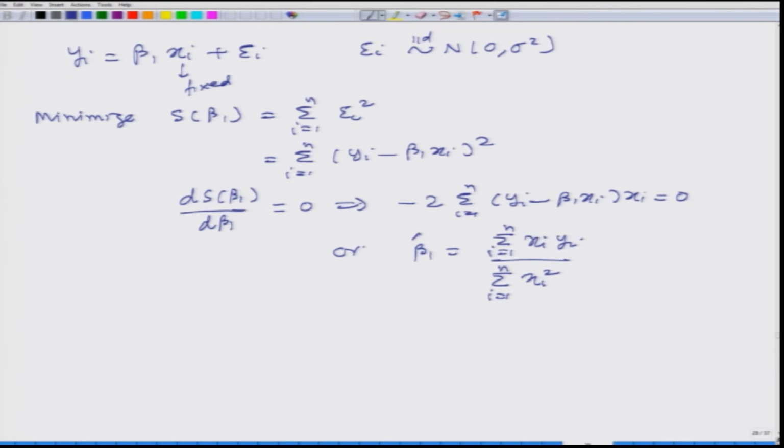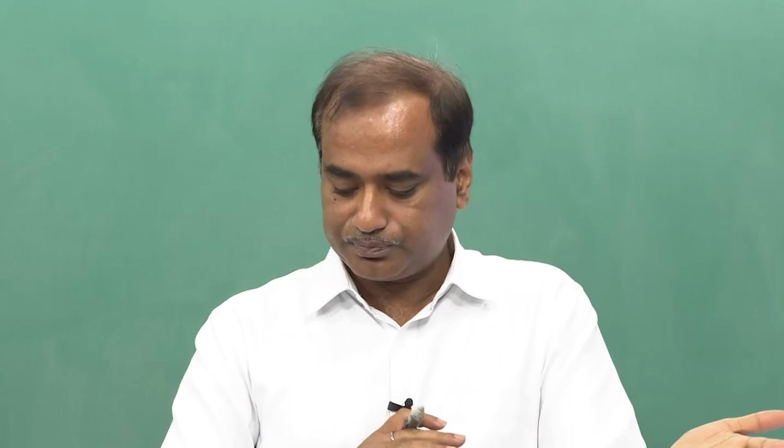So, I can denote it as beta 1 star hat. I am using the notation star just to distinguish it from the beta 1 hat that was obtained in a model with an intercept term. Right.